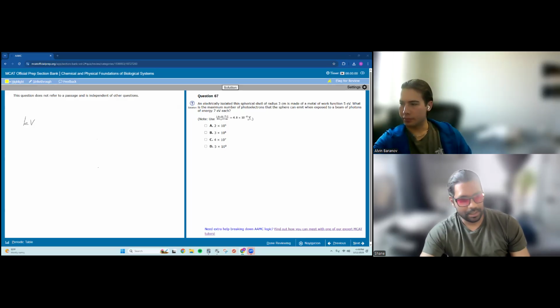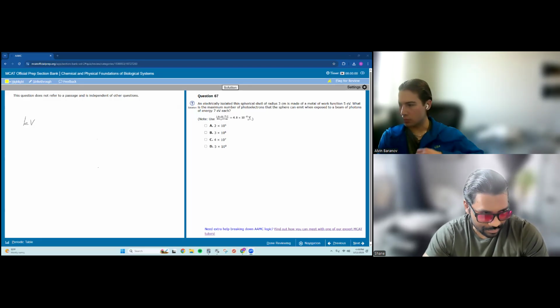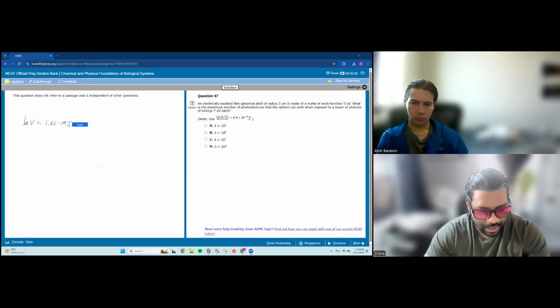So one electron volt is going to be equivalent to 1.6 times 10 to the negative 19 joules, right?